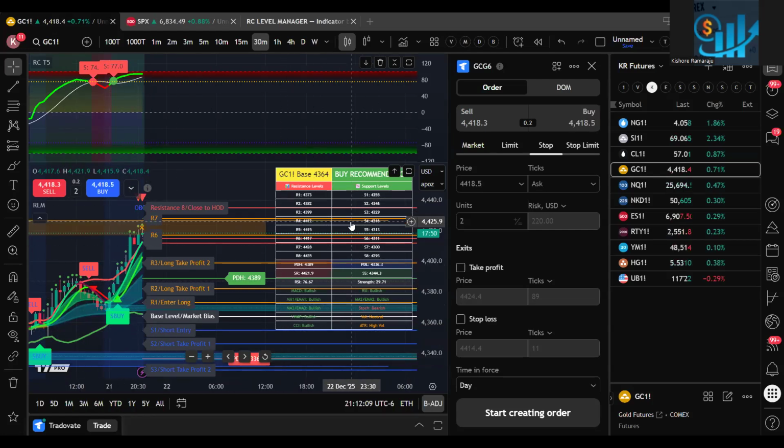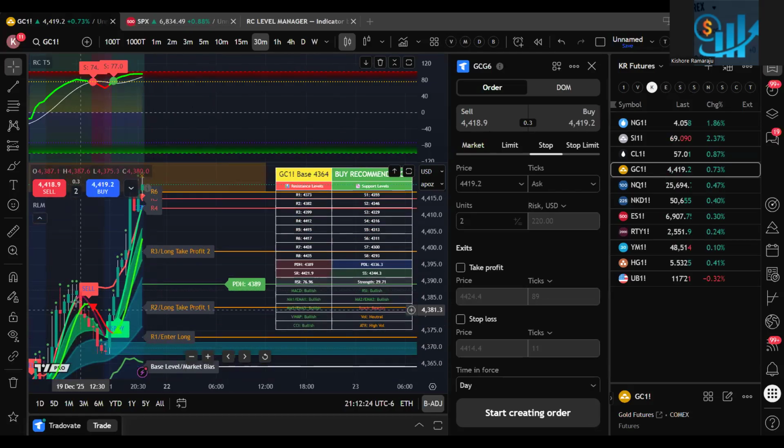How to know whether the trend is bullish or bearish? One is by looking at the clouds. If the clouds are green and blue, that means the overall trend is bullish. The second way is by looking at the dots with each candle. If the dots are green, that means the trend is bullish.